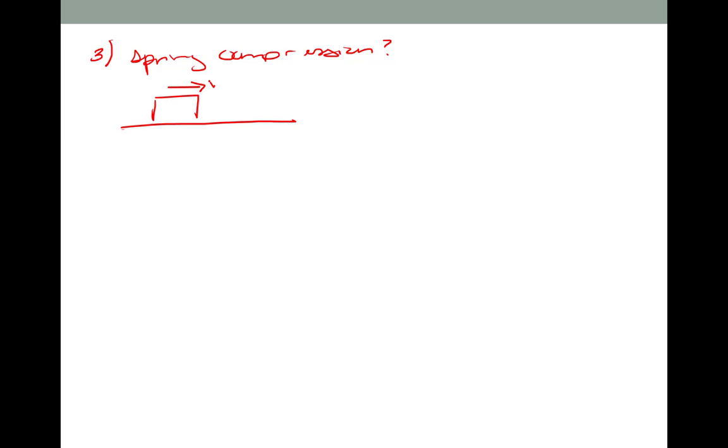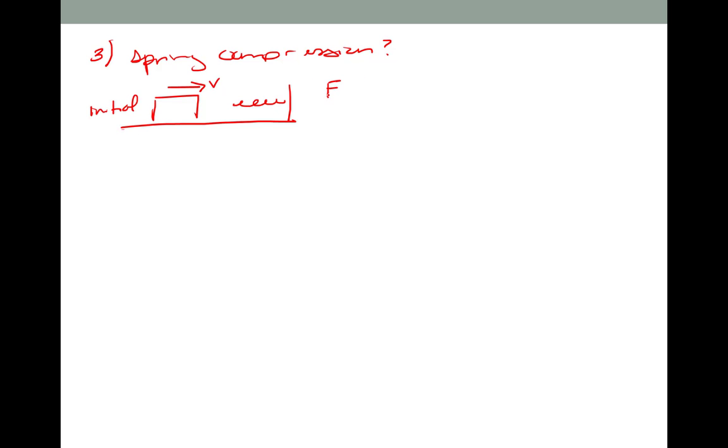For the last part, at point C, this is part 3, I believe, the spring compression. Okay, so this is point C in the motion. Redrawing that a little bit, what we have is the block coming into the spring. Here's the spring. So this is the initial situation.